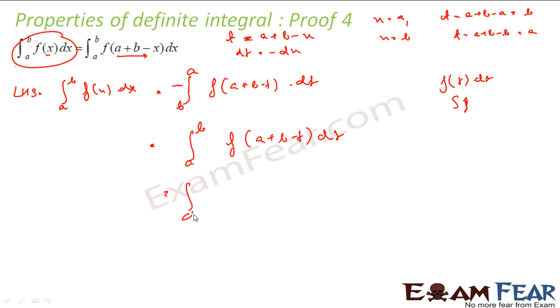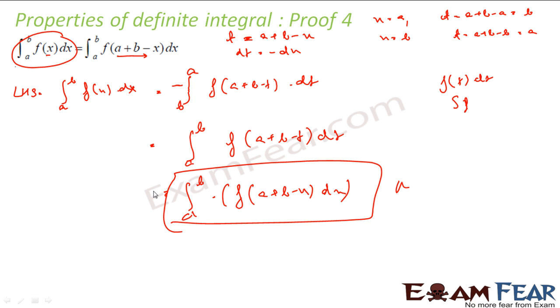So we can write this guy as integral a to b f of a plus b minus x dx. Why? Because I know that f of t dt, f of x dx, all same, correct? So I wrote this guy as f of a plus b minus x dx, and this is nothing but my RHS, and hence I have proved this, correct?